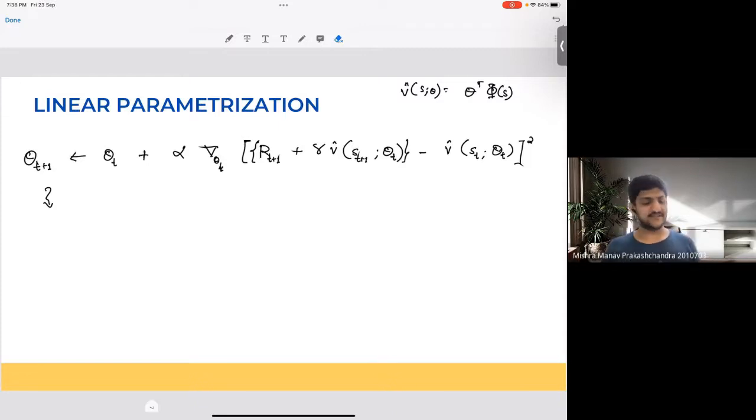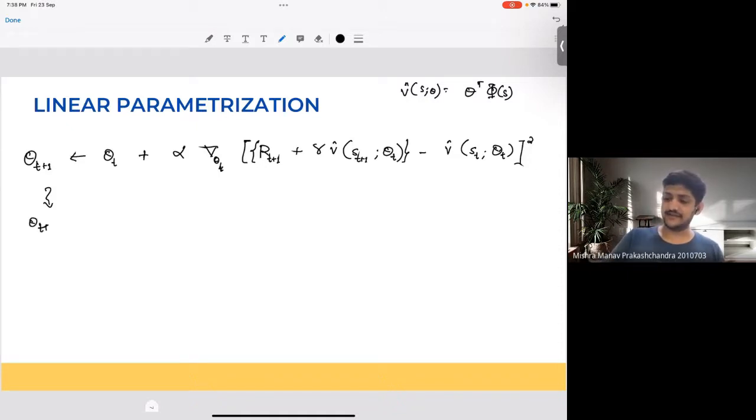So if you want to maintain some notion of stationarity, the updates on the target are much less frequent as compared to the updates on the current estimate, right? So once you do that, I just substitute this.